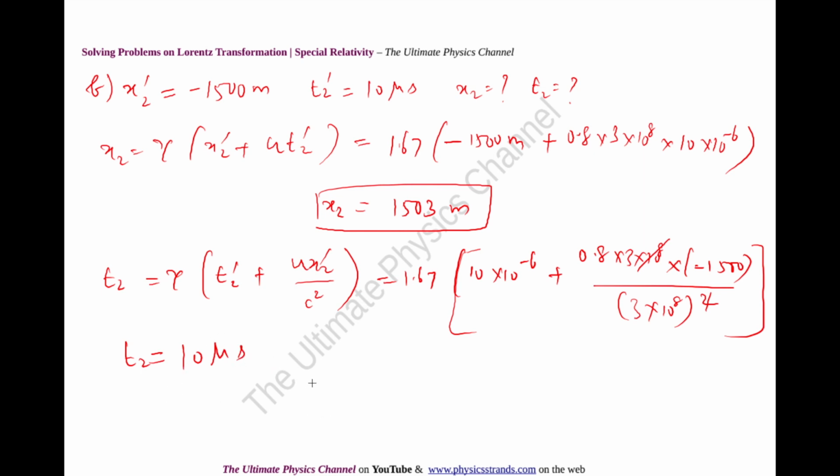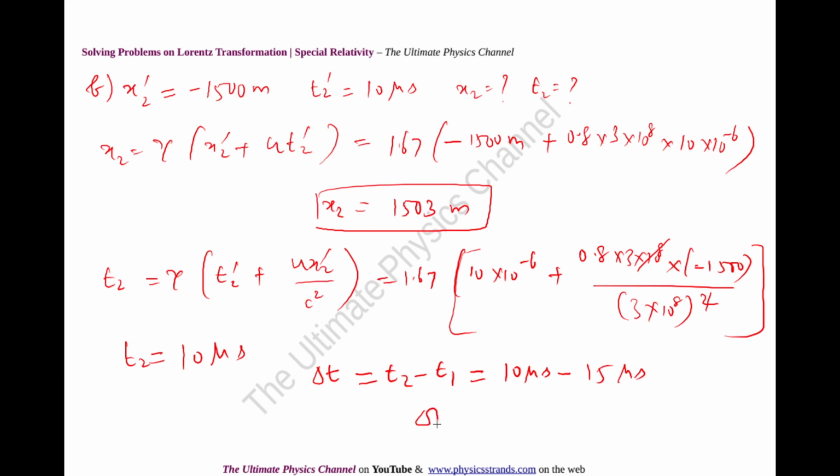Now as a last step we want the difference between the two time coordinates in the S frame. That is the time coordinate for the second event minus the time coordinate for the first event. T2 is 10 microseconds, and we calculated T1 already as 15 microseconds.